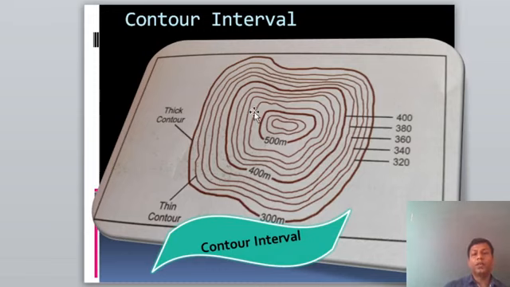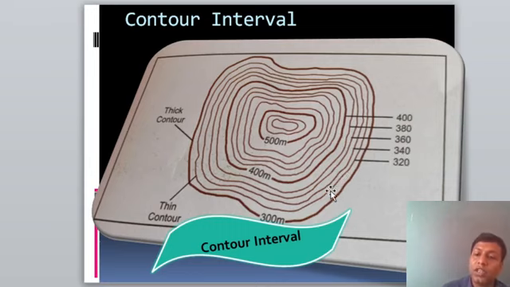Now this is the figure of contour intervals. Look at the red shade and the brown shade: 300 meter, 400 meter, dark brown shade, 300, 400 and 500 meter. And between these we have brown color, 320, 340, 360, like that.